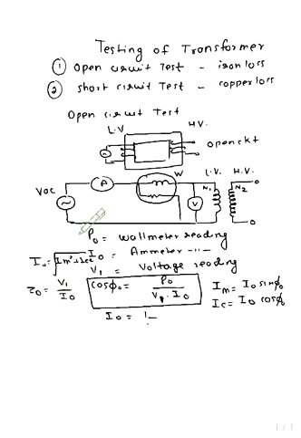So we can find the core loss resistance, RC, is equal to P0 upon I0 squared. So these parameters we can find from the open circuit test, and the open circuit test is used to find the iron losses. No load parameters we can easily find by this open circuit test.